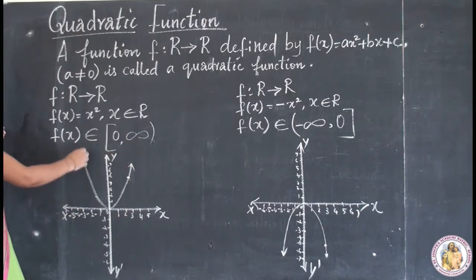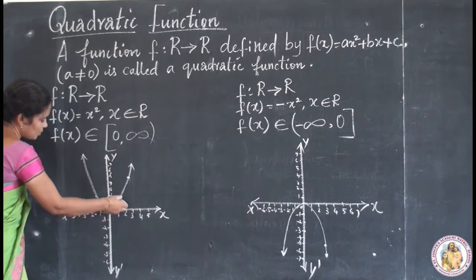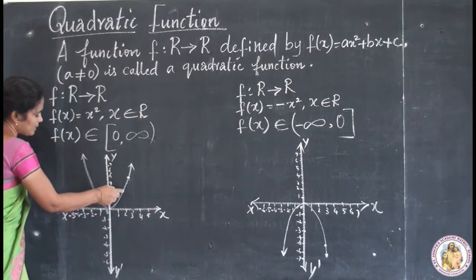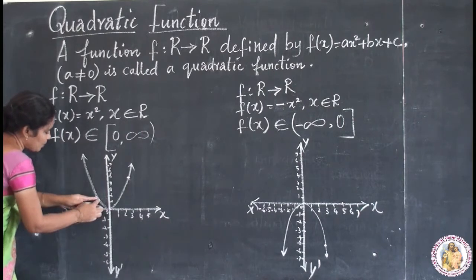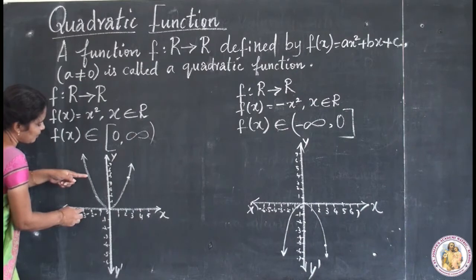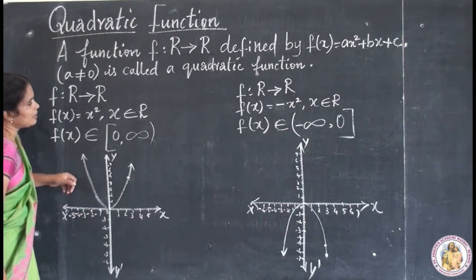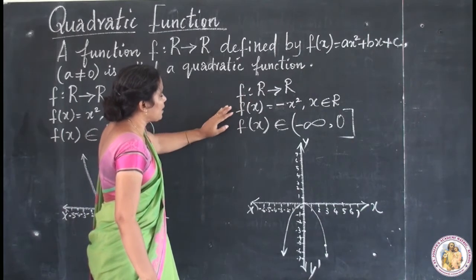Here through the graph you can be very clear: 1 to 1, 2 to 2 and 3 to 3, and again for minus 1 we have plus 1, for minus 2 we have plus 2 and for minus 3 we have plus 3.